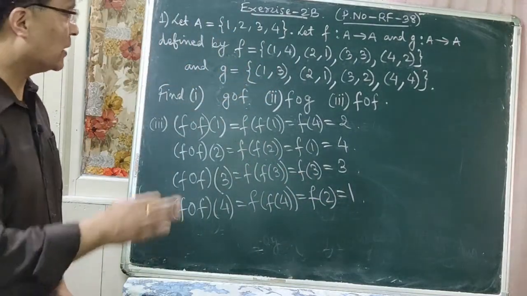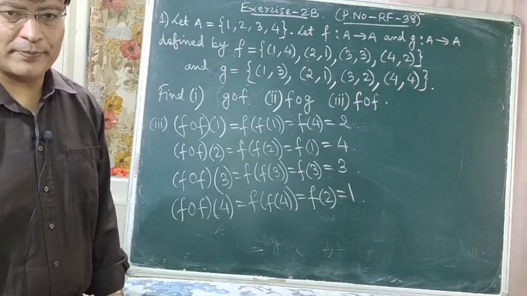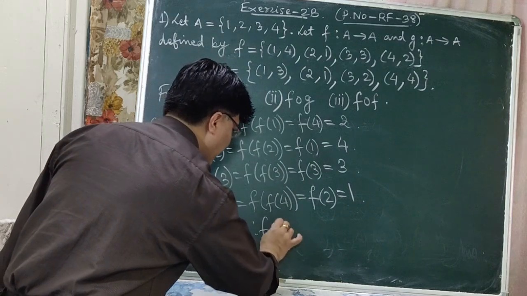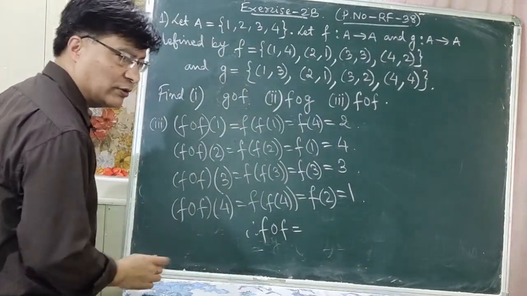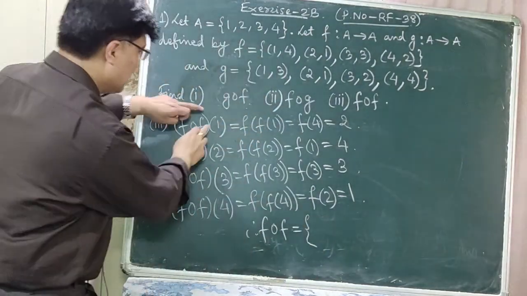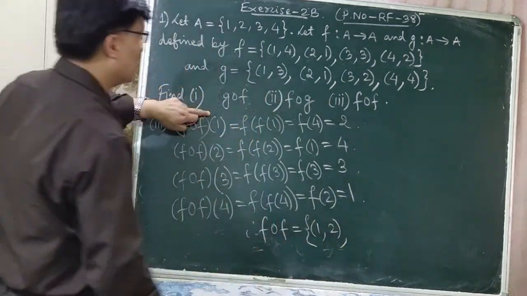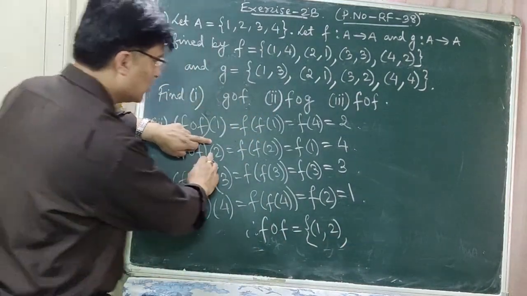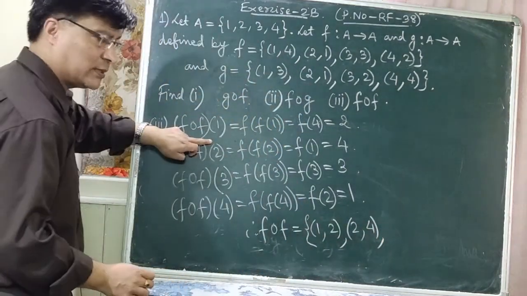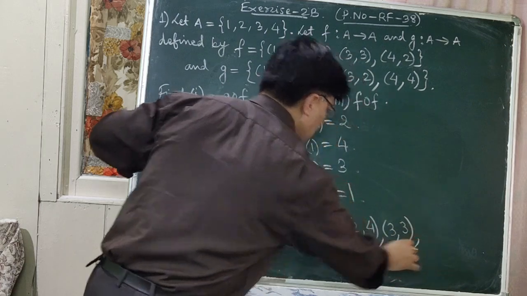Okay. So now you have to write down fof in terms of ordered pairs, right? So you have to write down this function as equal to 1 comma 2, right? Next 2 comma 4, next 3 is related with 3 under f, right?